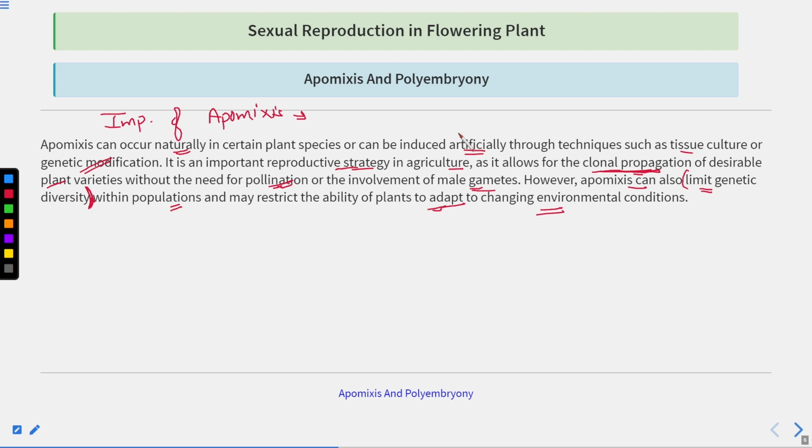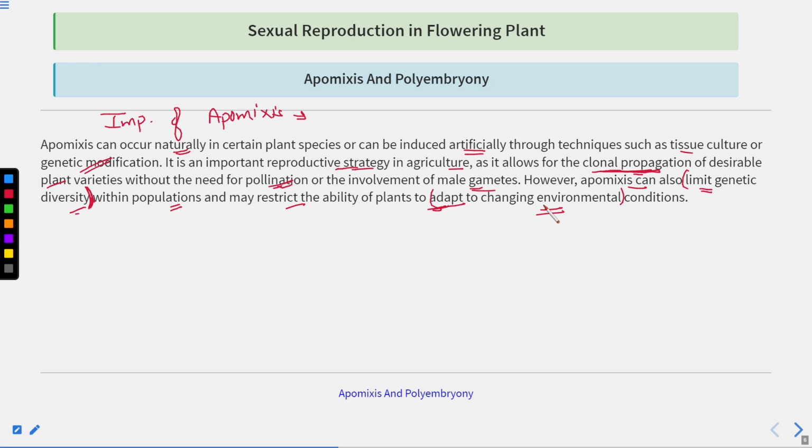So it can restrict the plant's ability to adapt to the changing environment because the genetic diversity is less. The types of genes are very few. The more the genetic diversity, the better the plant will be able to adapt to changing environmental conditions.